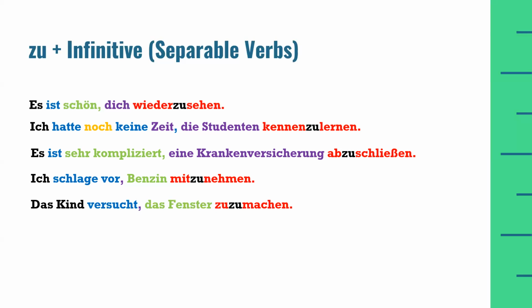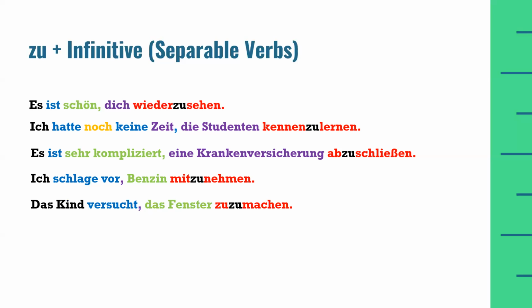Das Kind versucht, the child tries, das Fenster zuzumachen, to close the window. Now, in this sentence, you can see that we are using zu twice. The reason is that the first zu is because we are using the verb zumachen, which means to close.